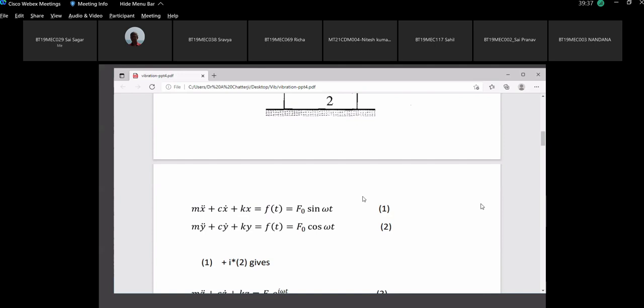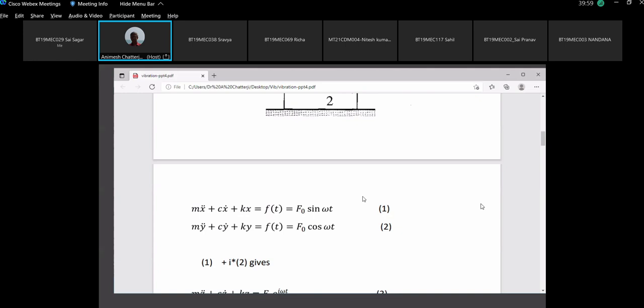So we are trying to solve a different differential equation: m z double dot plus c z dot plus k z is equal to f0 e to the power i omega t. Have you written this?